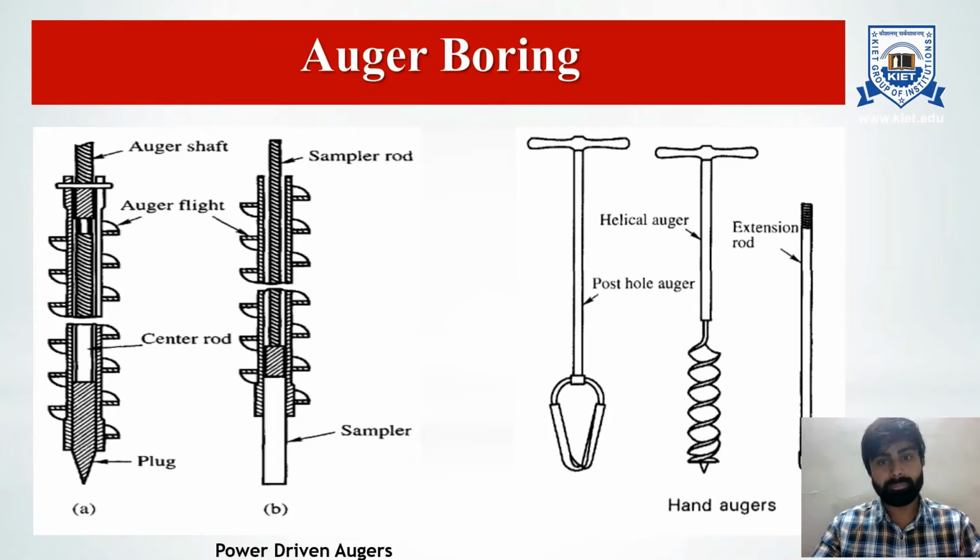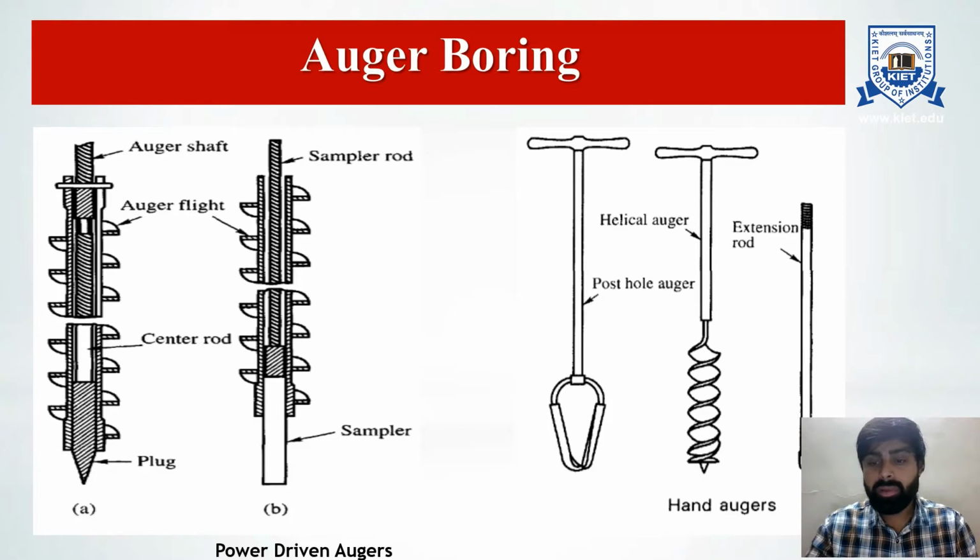Auger boring. An auger is a similar tool to the one used by a carpenter for boring holes in wood. It consists of a shank with a cross wire handle for turning and a central tapered feed screw, as shown in the figure.